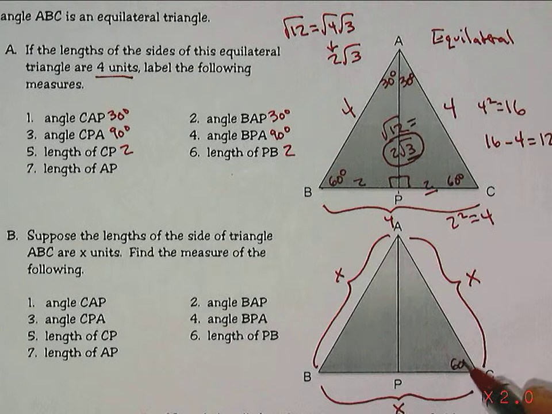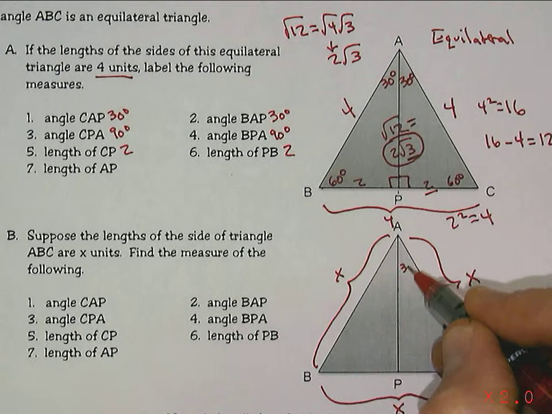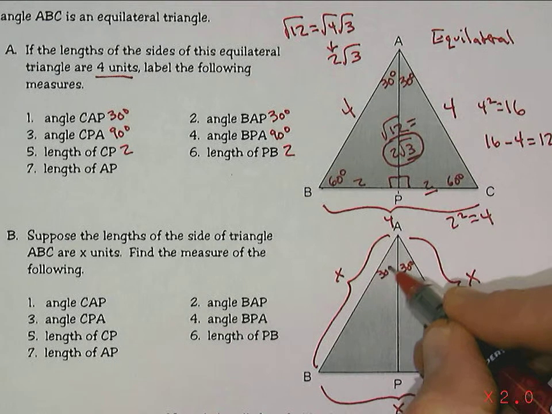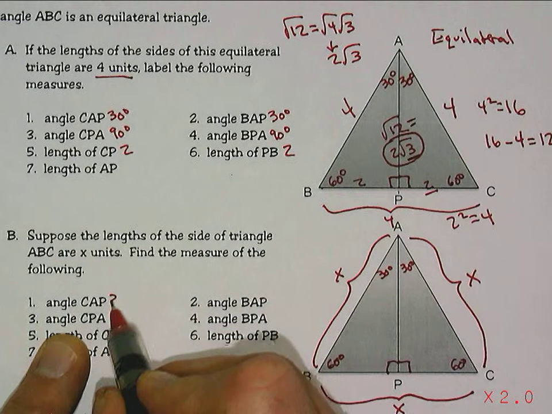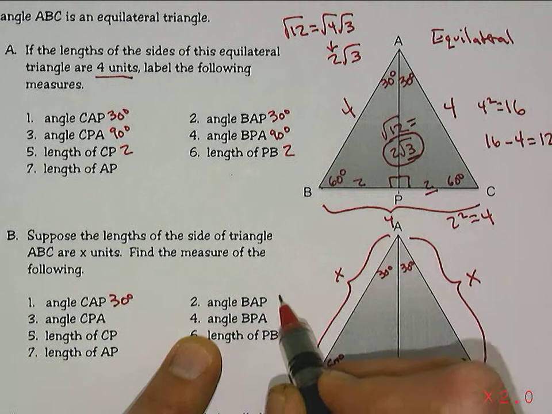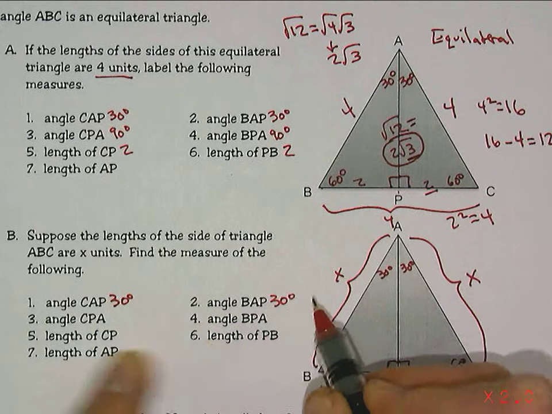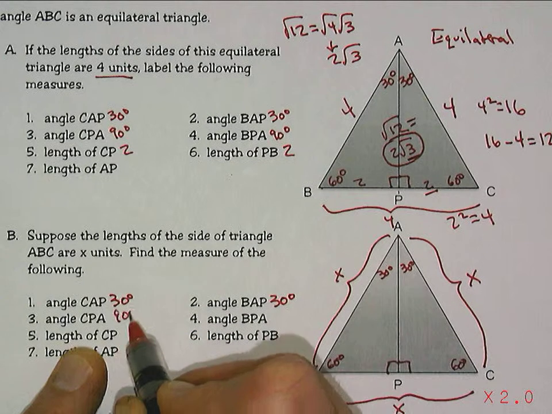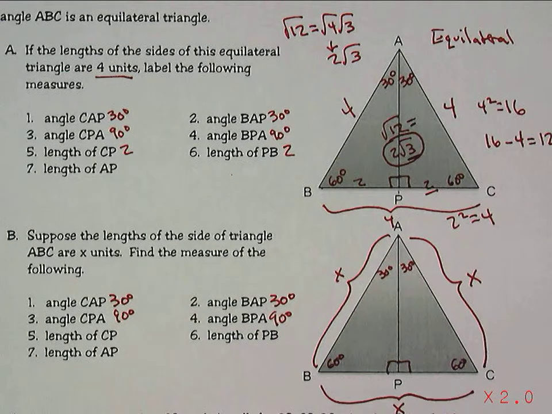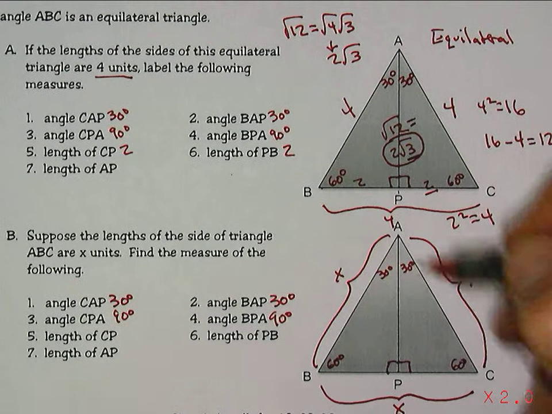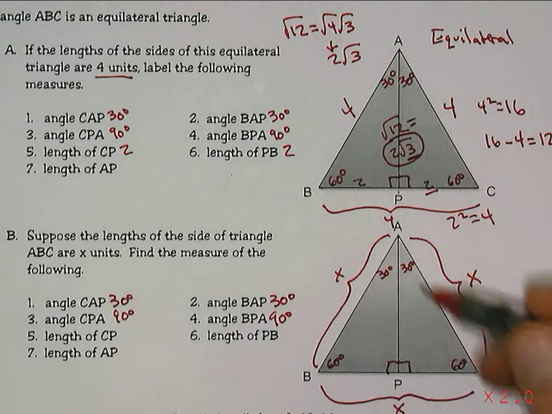All these angles still remain the same: 30 degrees, 60 degrees, and 90 degrees. CAP is still 30 degrees, this one's still 30 degrees, and these are still 90 degrees. Because no matter how big or small the triangle is in terms of side lengths, if it's an equilateral triangle, the angles will remain the same.